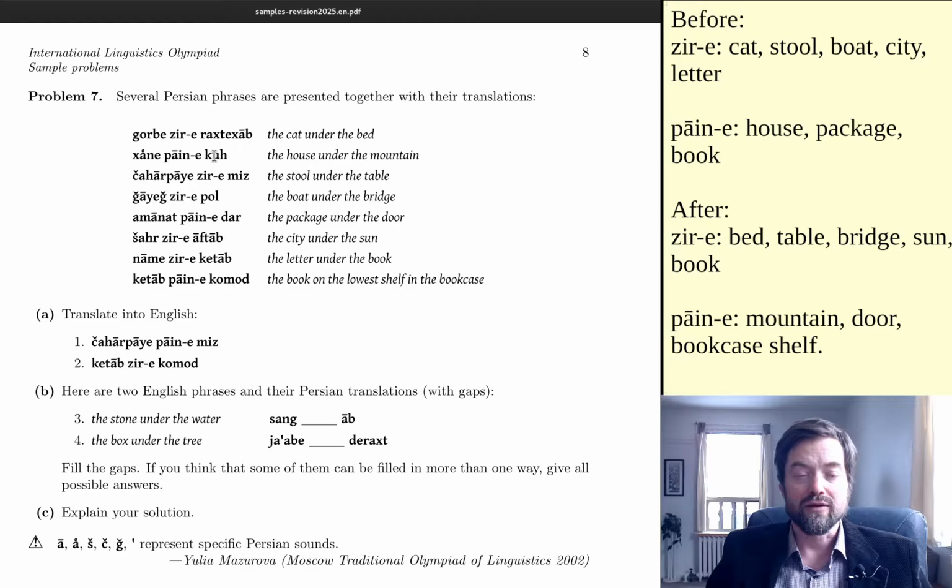But we can look for any pattern in sound, like ending with a vowel versus a consonant. See, these are ending with vowels, these end in consonants, but there's no pattern there. You see how it's mixed? Here you have a vowel with zire, consonant with zire. And here you have a vowel with pine and consonant with pine.